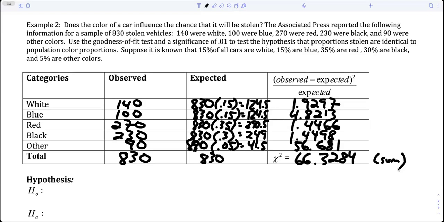How about you do this? Turn to your stats neighbor real quick, and I want you to say one of 3 things. Reject H naught, and then why? Fail to reject H naught, and why? Or I'm not really sure. Can you help me out?